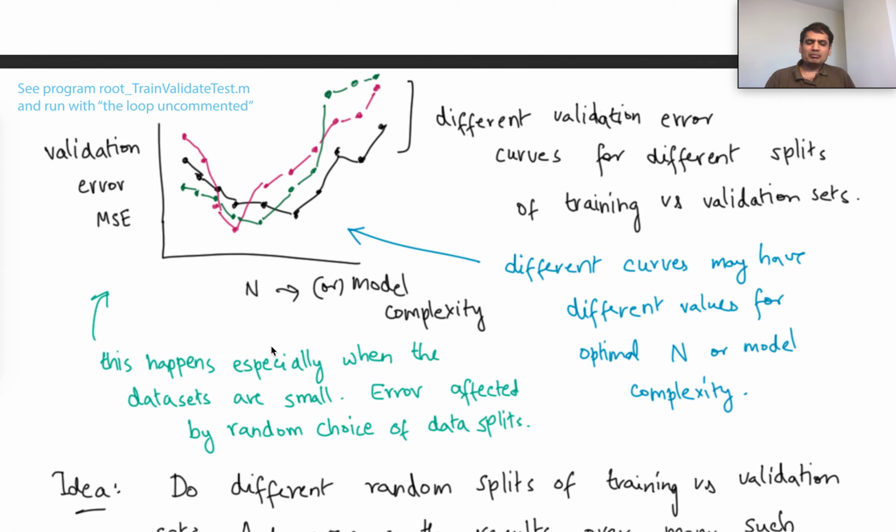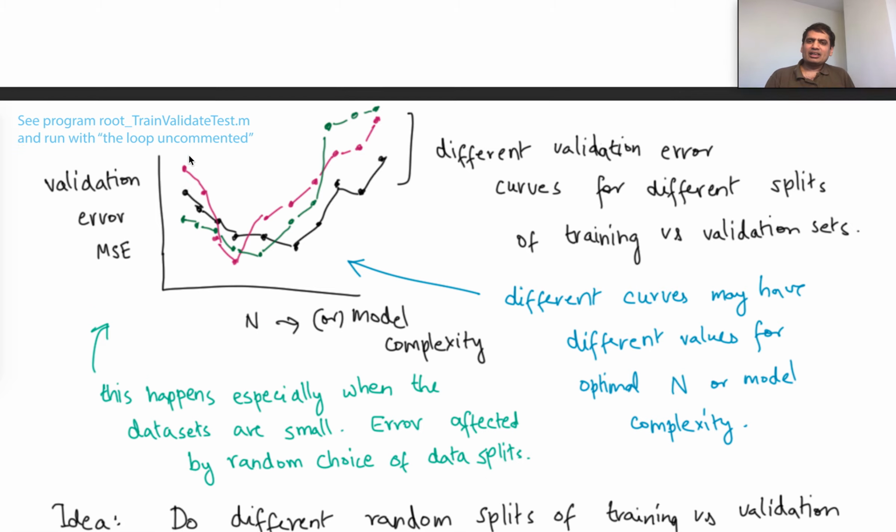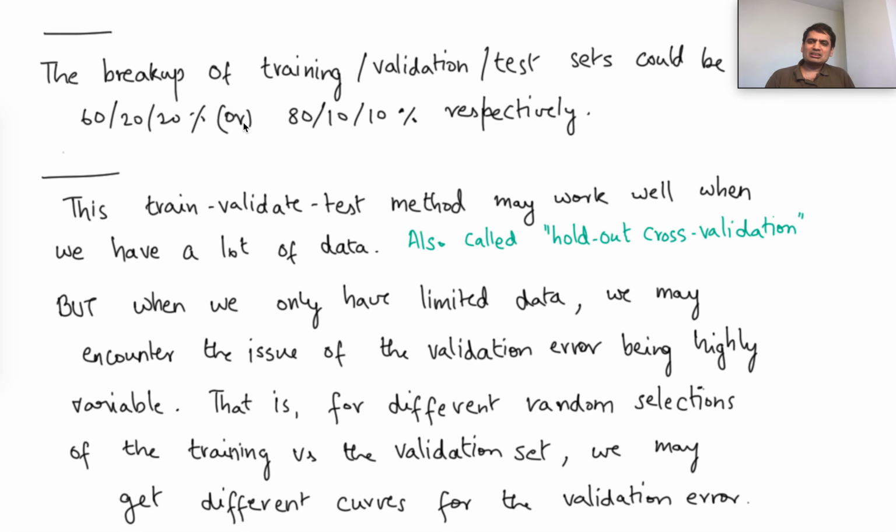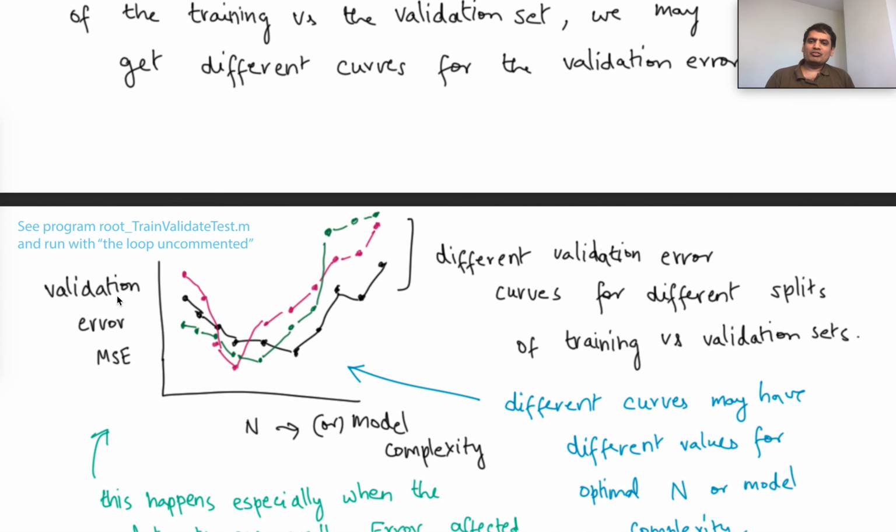But one way to account for this randomness of the split between the three data sets is to actually do this multiple times. So basically do the validation set, training set split multiple times and draw a curve for the validation set mean square error that is basically a mean of all these curves, all these different splits.